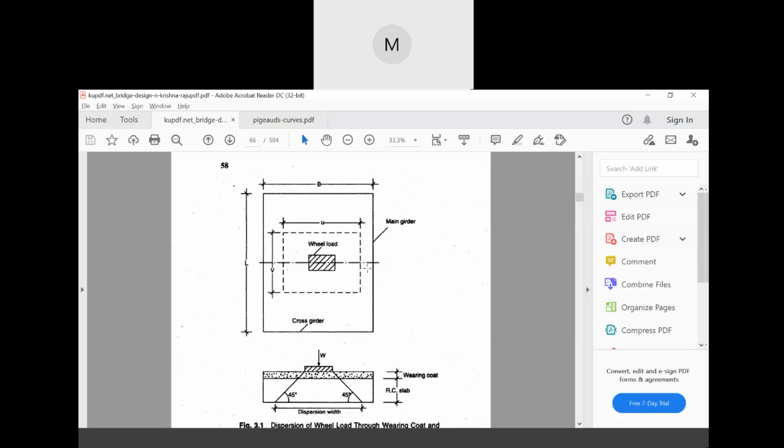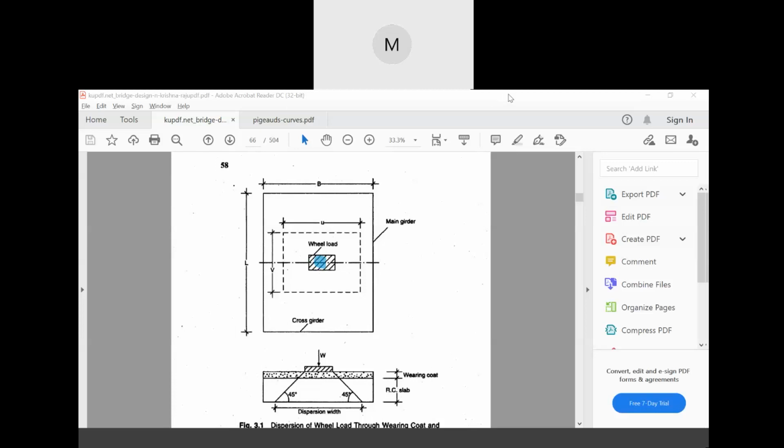Now, this small u and small v. So, this is what is small u. What is this shaded portion, if you see here? This shaded portion is the wheel contact. That means one wheel will be contacting this portion of the area with the slab of the bridge. Is it clear? Is it okay?